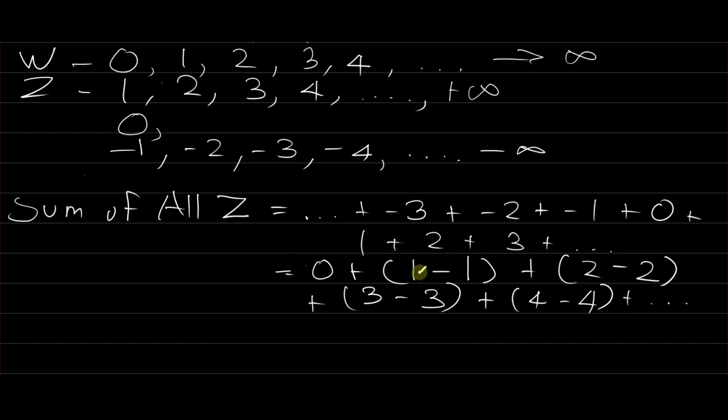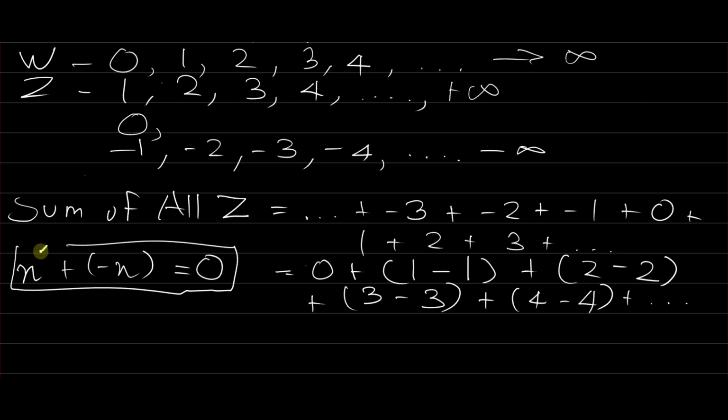Now remember the property: when we add a number n and its additive inverse, that is the negative of the number, minus n, what do we get? 0. We get 0. Number 1 and its additive inverse -1, 0.